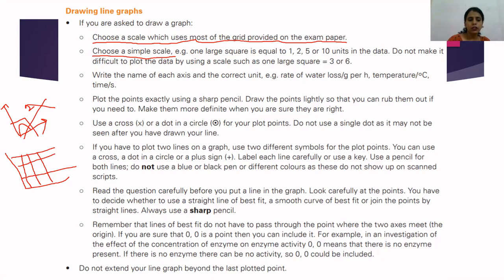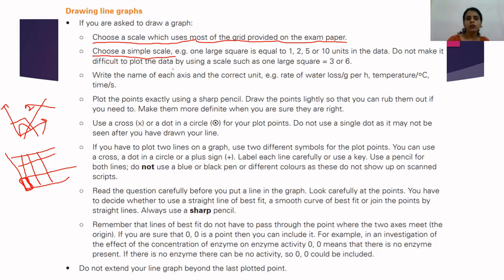So one large square like this should be equal to 1, 2, 5 or 10 units in the data. Don't make it like 0.1 or 0.2, 0.3, something like that.